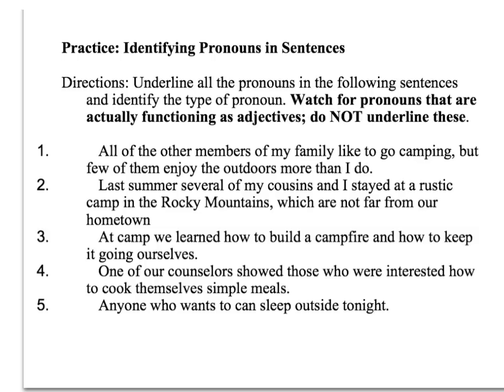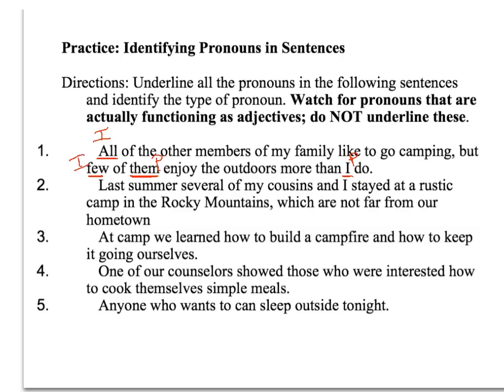Number 1, all is an indefinite pronoun. My is functioning as an adjective because it's describing family, so I'm not going to mark that one. Few is an indefinite pronoun. Them is a personal pronoun. And I is a personal pronoun.